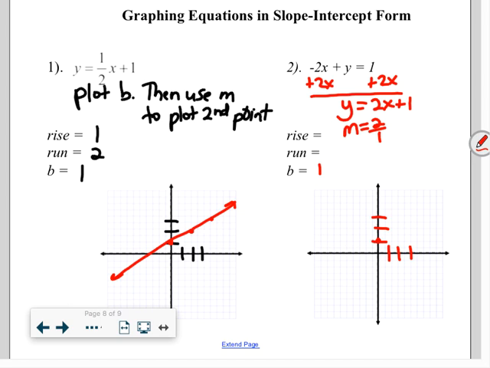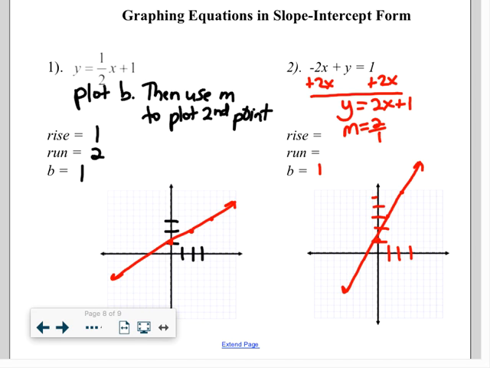If I plot the y-intercept, I go up 2, right 1, up 2, right 1. Hey, do you notice this line is steeper than the other one? And do you remember our FredX exploration? And I said put these in your graphing calculators. So the larger the slope, the steeper the line.